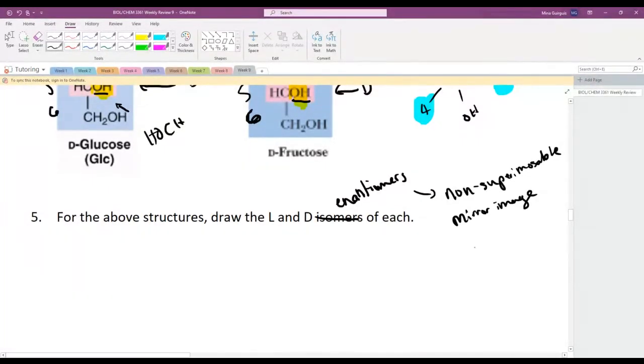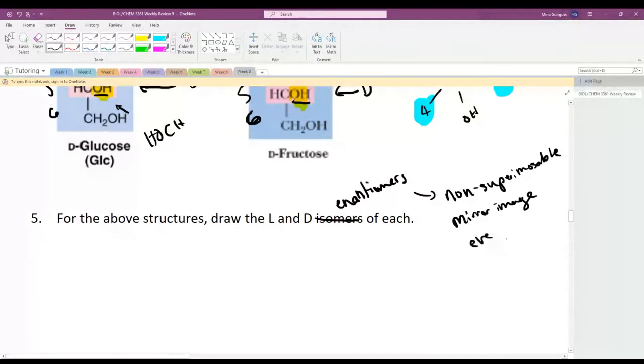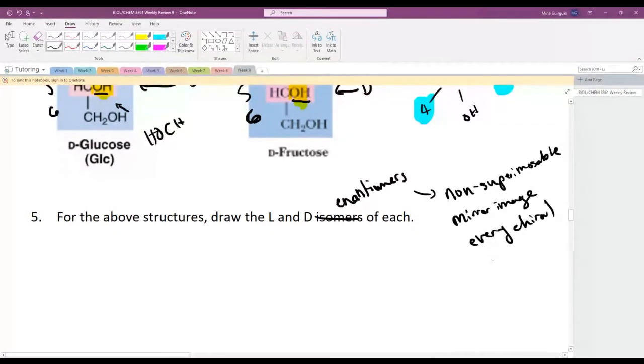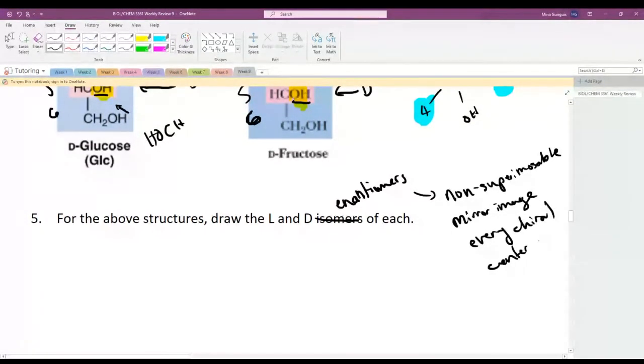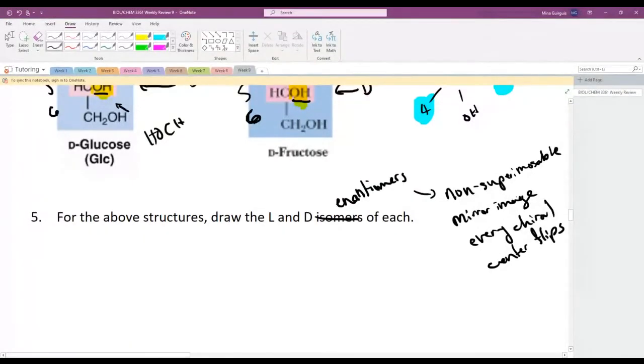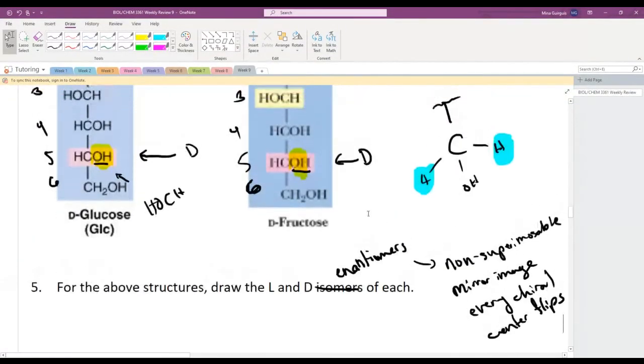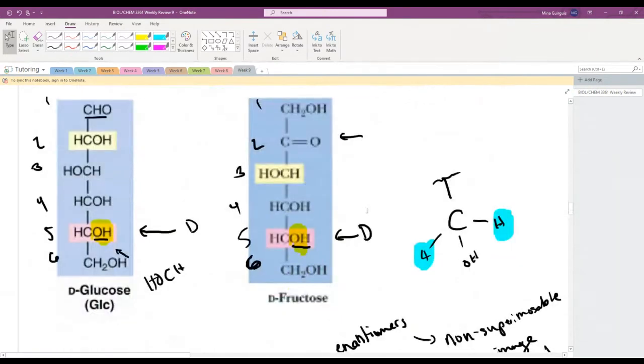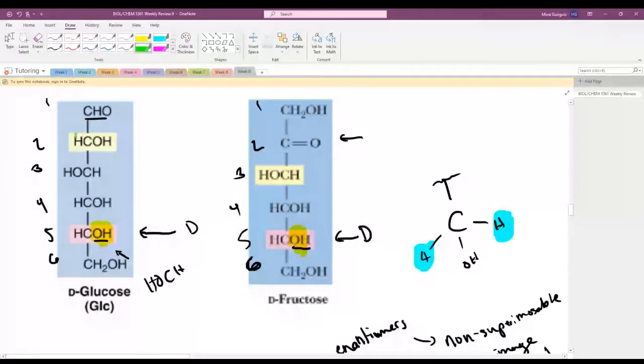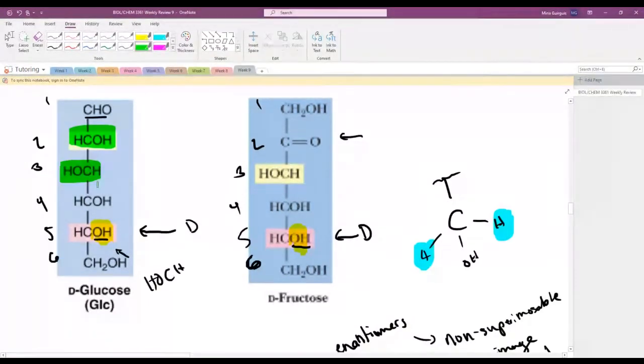In other words, every chiral center flips. Before you guys get flashbacks to OChem and having to do chirality for every single chiral center, it's a lot easier in biochem. The chiral centers are really just, let's use green, any carbon that has both an OH and an H is going to be chiral. And the way that we flip it is we just swap those two around.